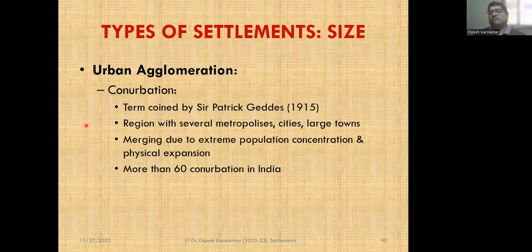This merging of large urban settlements takes place because of extreme population concentration and the physical expansion, or urban spread, of that particular settlement. The exact number of conurbations in India is difficult to get, but we largely believe that there are more than 60 conurbations in India. However, in current urban settlement geography, this concept of conurbation is slightly outdated. So now we talk more about metropolitan regions and the megalopolis, etc.